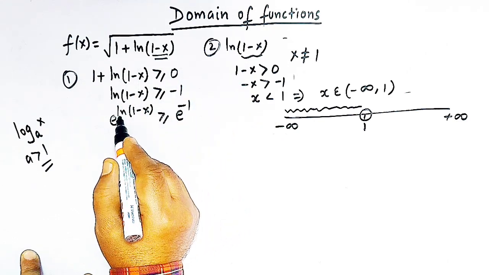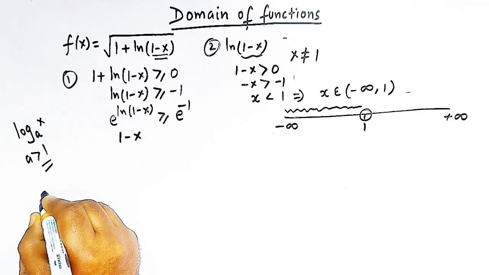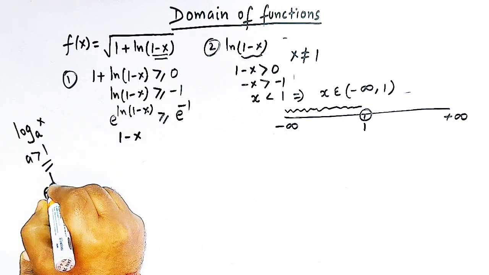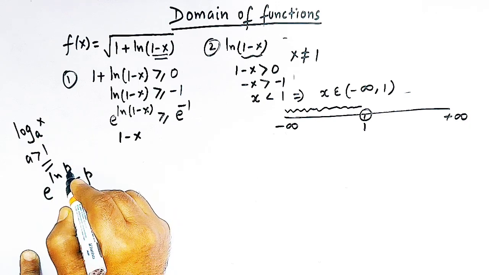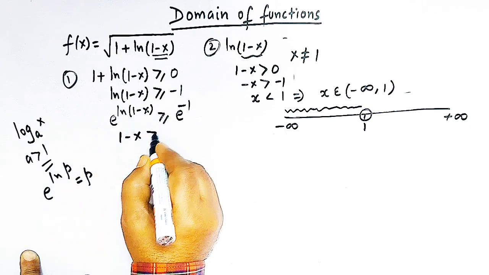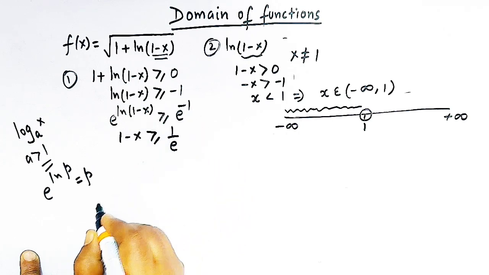So now e raised to natural log of 1 minus x is simply 1 minus x, because we know that e raised to natural log of p is equal to p, and here p is 1 minus x, and e raised to minus 1 is 1 over e.